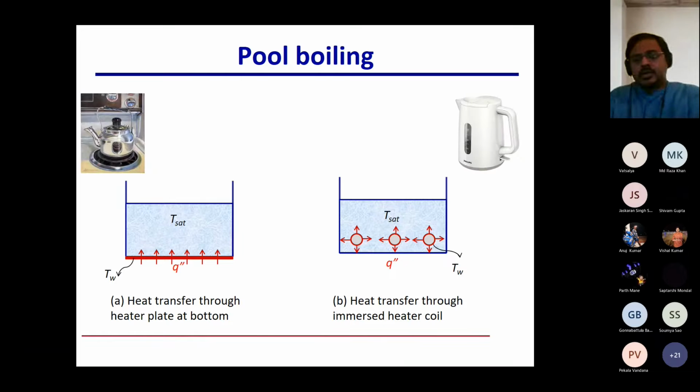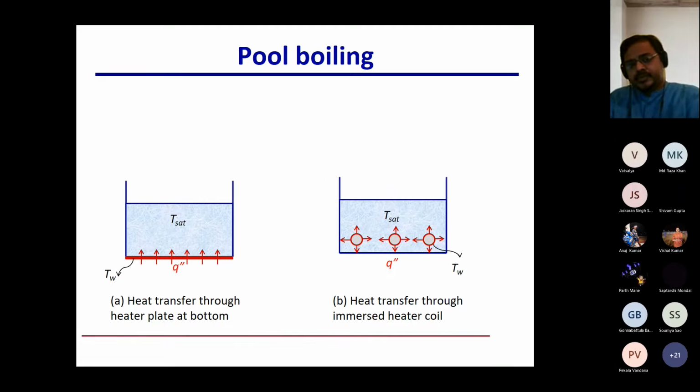So one of the things, for example, is pool boiling, and that's what we are going to study here. Pool boiling is what you see in cooking. You have a pool of liquid which you are heating. This pool of liquid can be inside your saucepan, inside your kadhai, whatever.